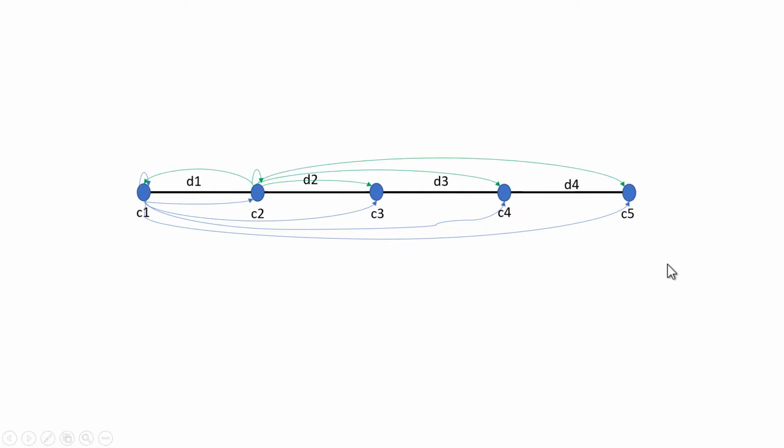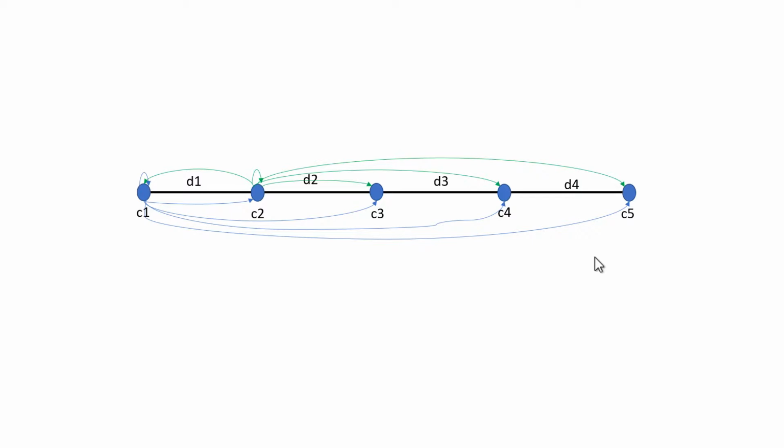And for the second city, in these green lines, we need to calculate the distance from C2 to C1, C2 to C2, C2 to C3, C2 to C4, and C2 to C5. As you can see, if we know the location of each city, then the distance between any two of them can be calculated very easily.